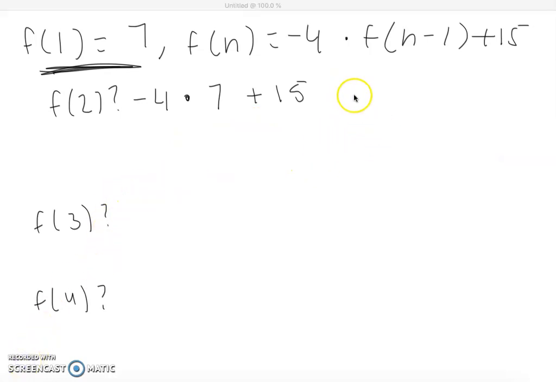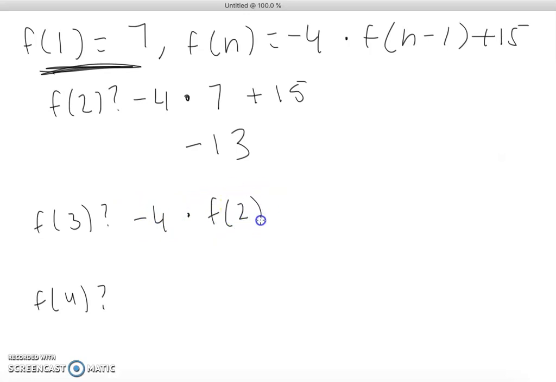So this first example is equal to negative 13. I personally don't know if you're allowed to use a calculator, but I would suggest trying to get it in your head, so it can be a little easier if you aren't allowed to use it on a test.